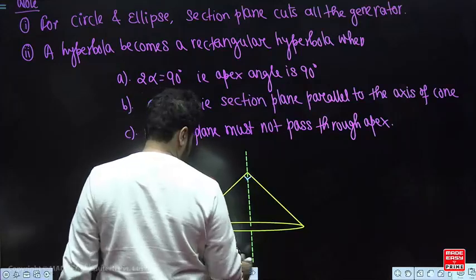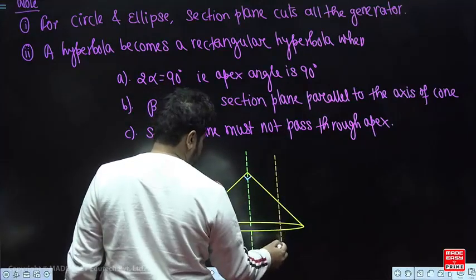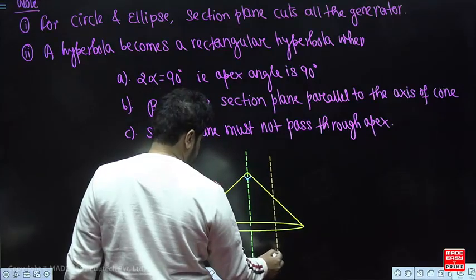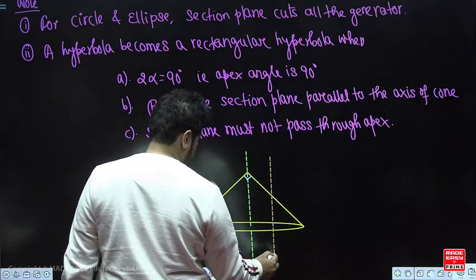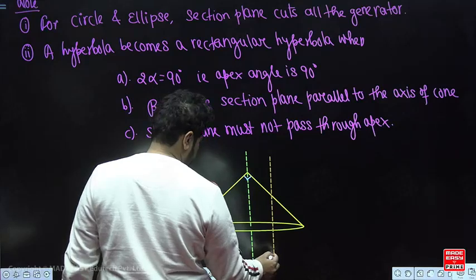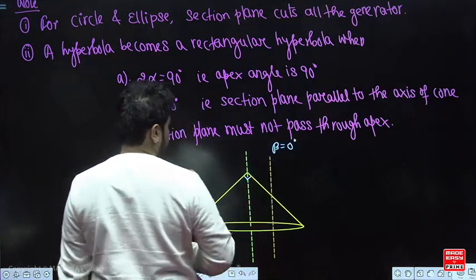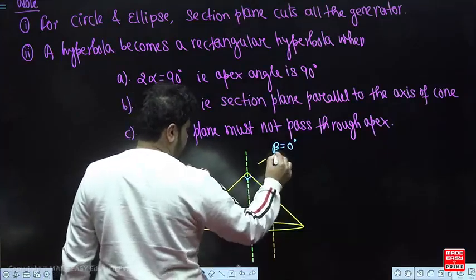So what does beta equal to 0 degree mean? It means the section plane must not pass through the apex. So let us say like this. Correct. So when it is done, then we can complete.